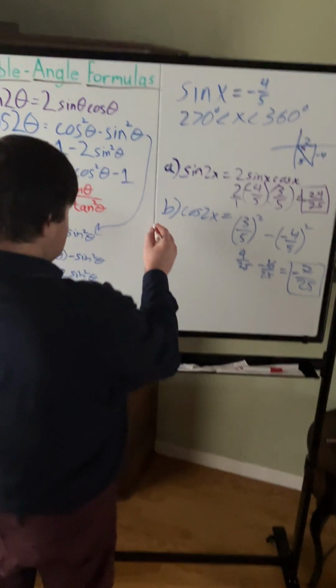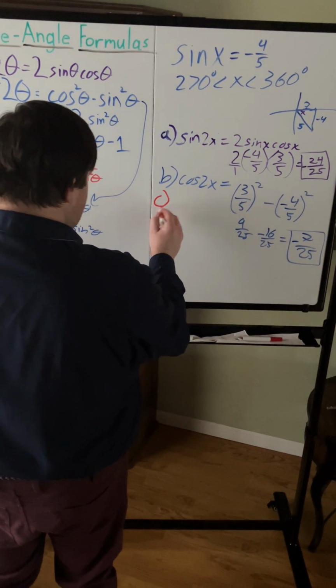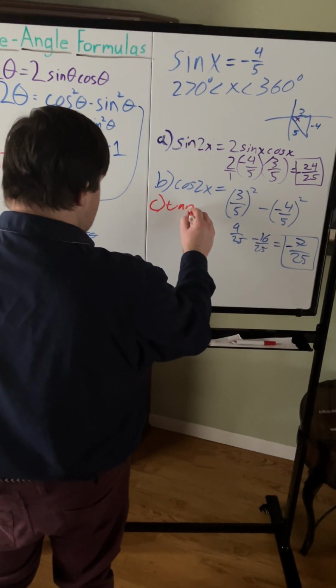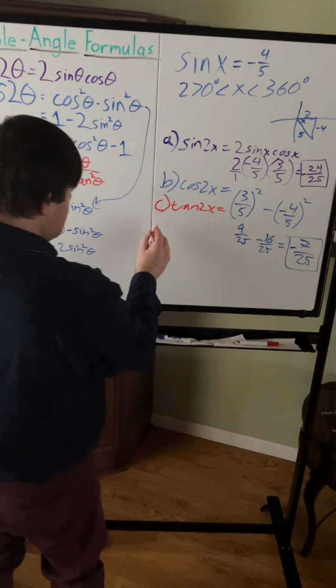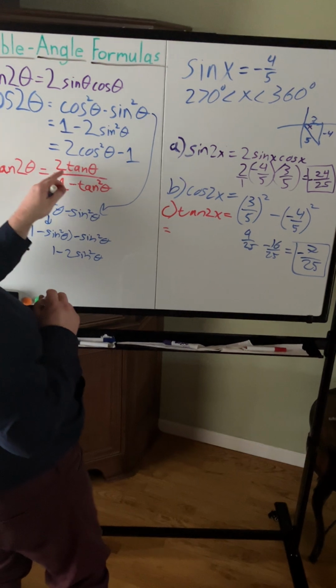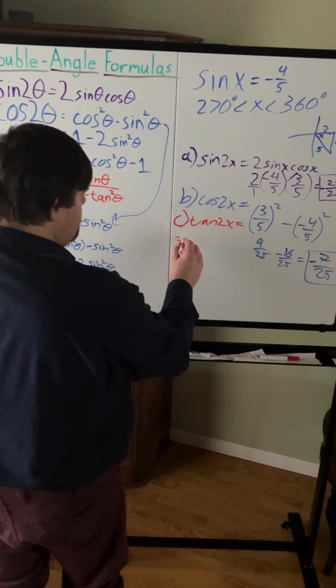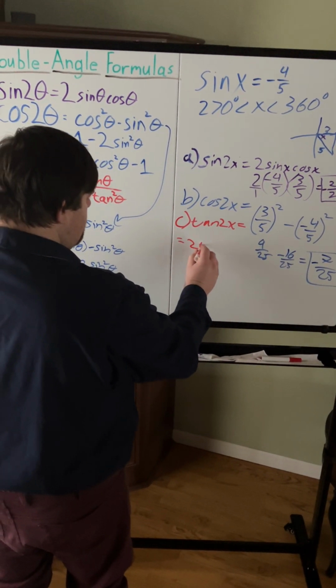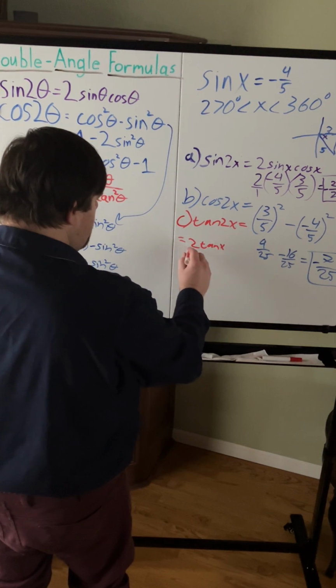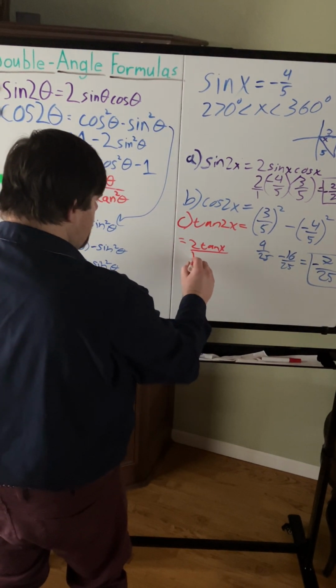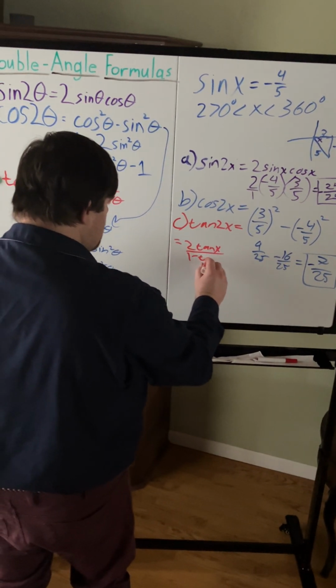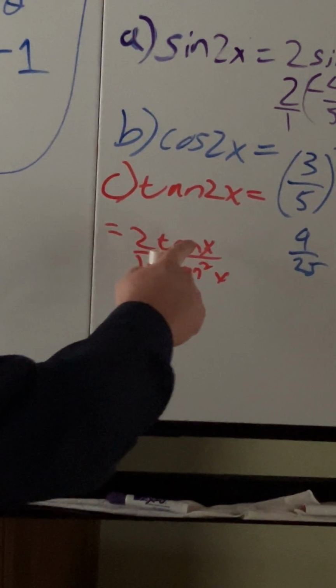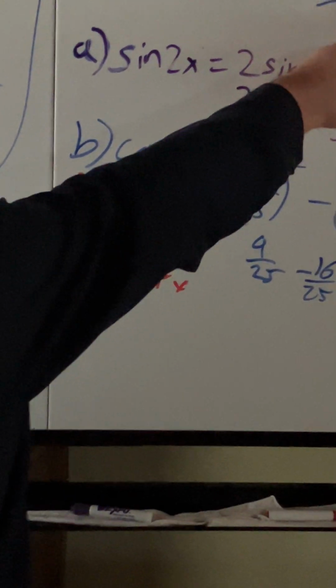All right. Tan 2x, we'll fit that right here. So tan 2x, we 2 tan x, right, over 1 minus tan squared x. So what's tan x? Well, we look at our triangle.